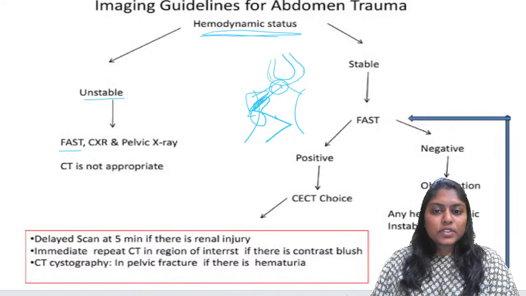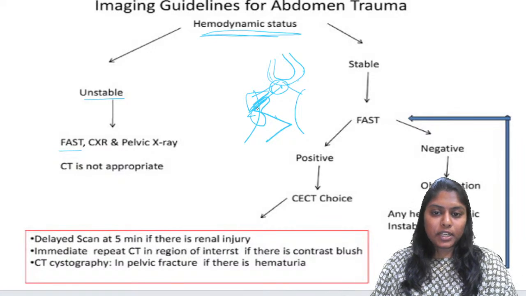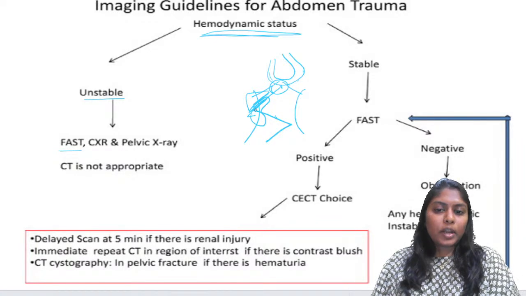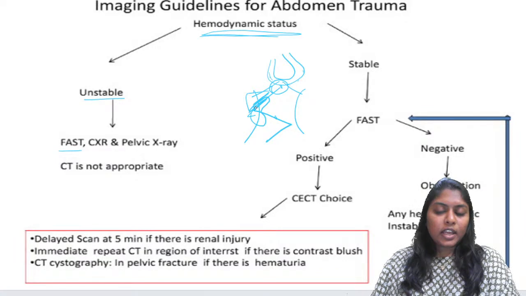This is the most dependent position when a patient is lying supine. Even a small amount of hemoperitoneum, we will not miss if we are looking in the Morrison's pouch.